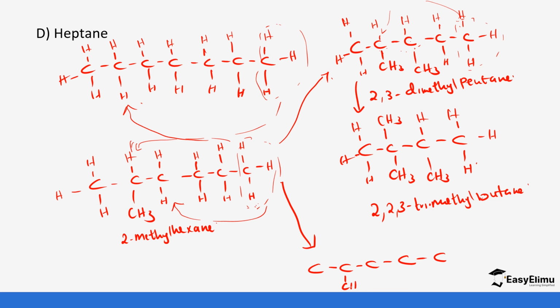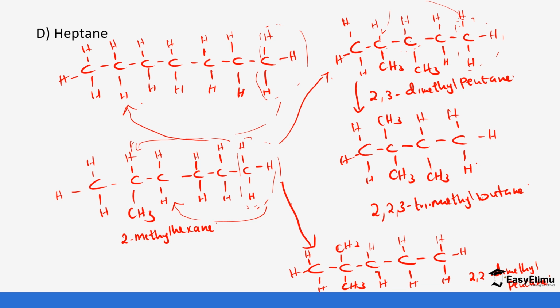So this is the CH3 we have. So instead we put it here instead of placing it in this carbon. So we have the hydrogens. So this becomes 2,2-dimethylpentane.